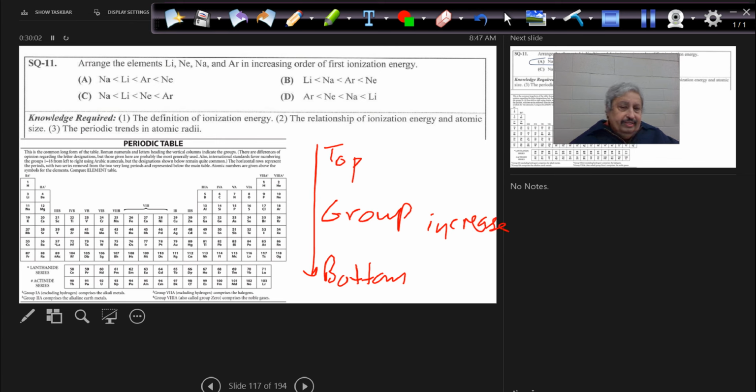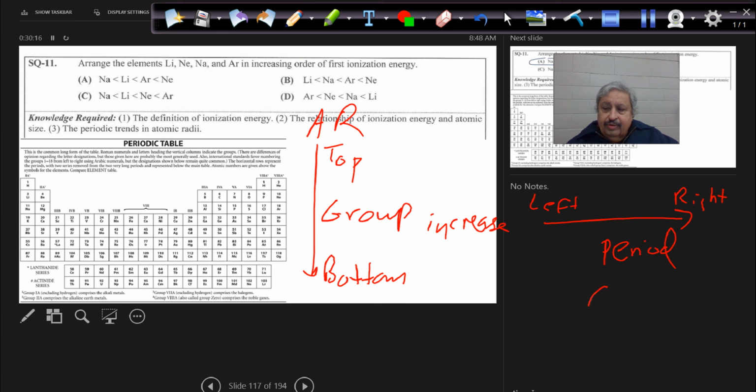That's atomic radius, AR. But from left to right, in the period here, you have a decrease.